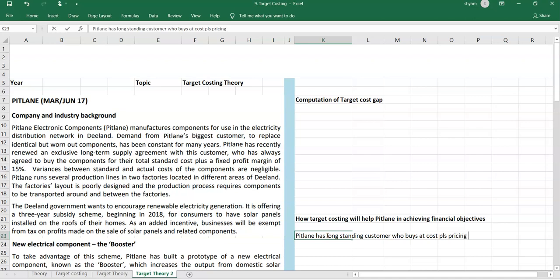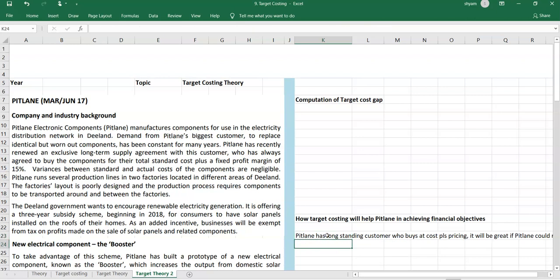For this kind of client, it will be great if Pitlane could reduce or maintain the cost at the same level.